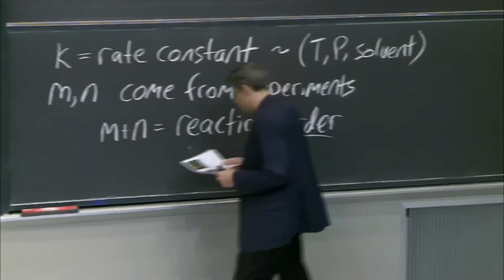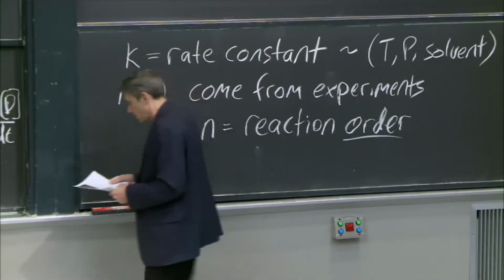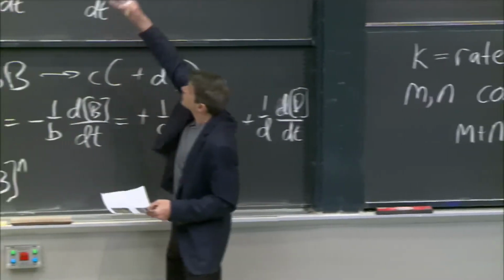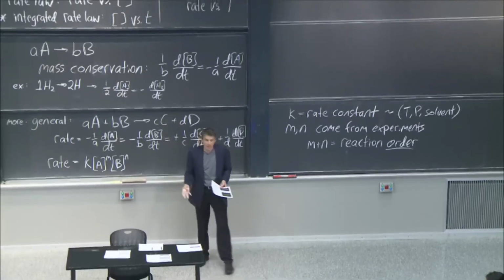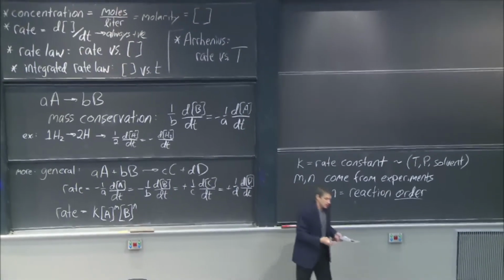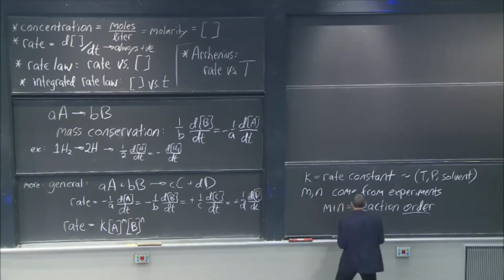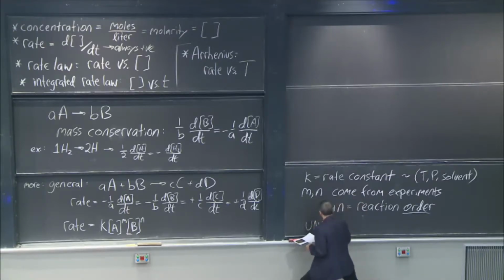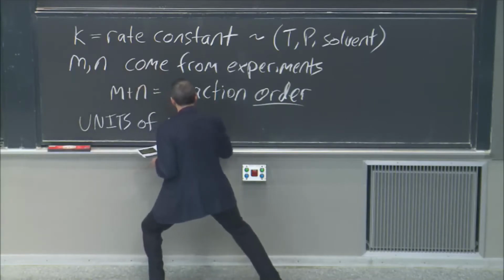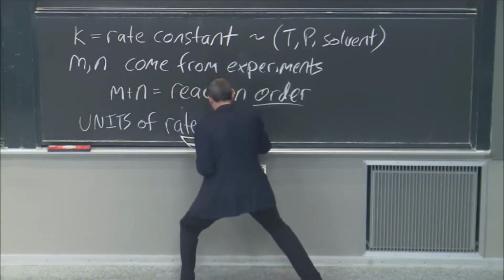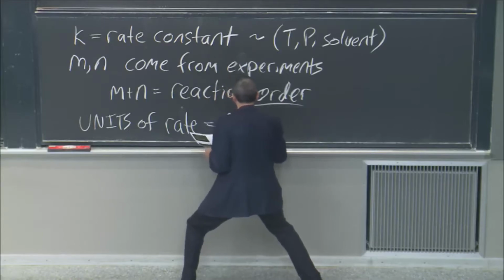But the last thing I want to say in terms of setting the stage is the units of rate. If you look at how I've defined the units of rate, it's a change in concentration with time. So the units of rate are going to be molarity over time.